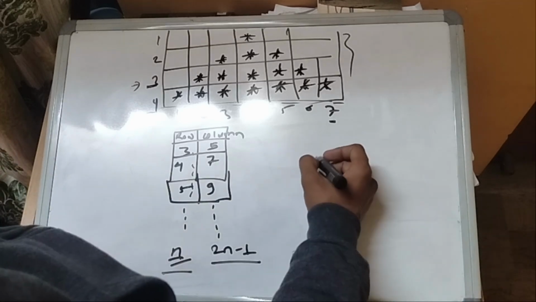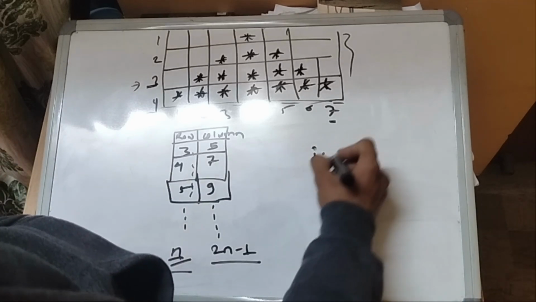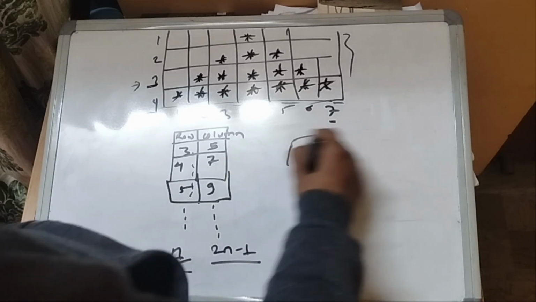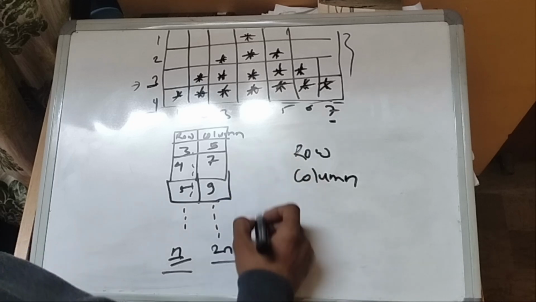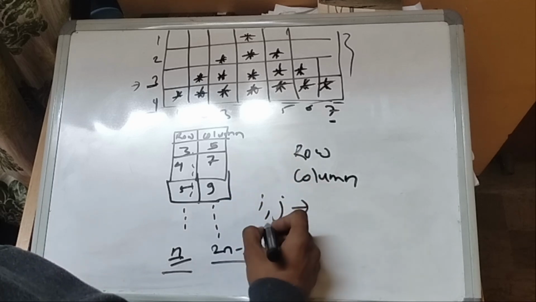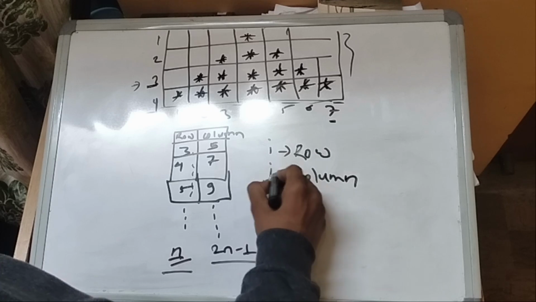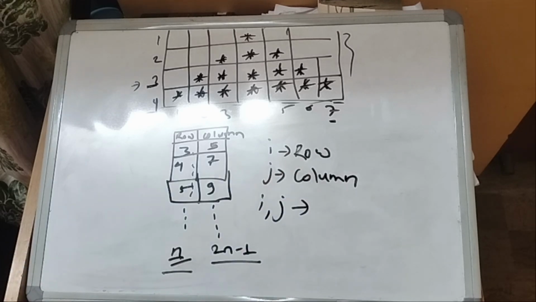Now what the teacher teaches us is the concept of i and j in nested for loop. Now we have rows and columns. Simple. What are i and j? i is the row and j is the column. That would be easier for you to understand.